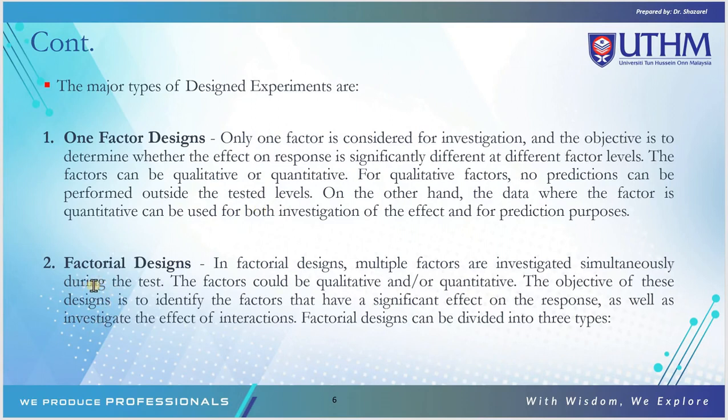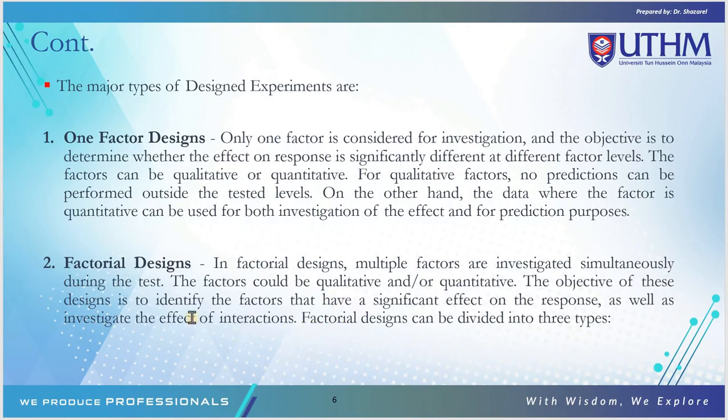Secondly, we have the factorial design, whereby we have multiple factors and we want to investigate simultaneously their effect on the response. The factors can be qualitative or quantitative, the same as the first one, but now we have multiple factors, while just now it was only one factor.